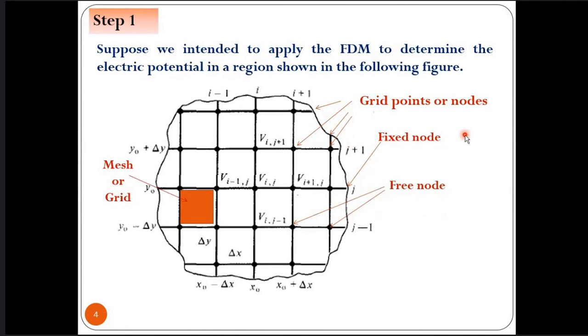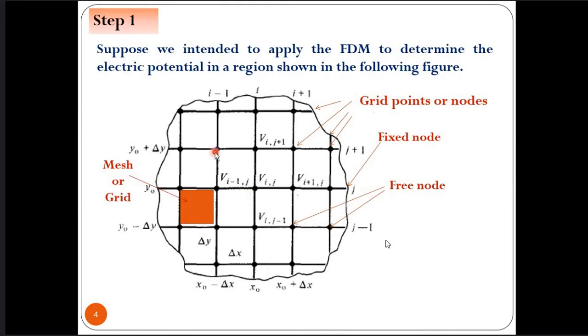If you have any doubt regarding this particular step 1, you can ask me. Basically, what we are doing is, a particular solution region or boundary is given, and we have to find the electric potential within this region. As per step 1, we are dividing the entire solution region into a number of meshes or grids by drawing some horizontal and vertical lines.